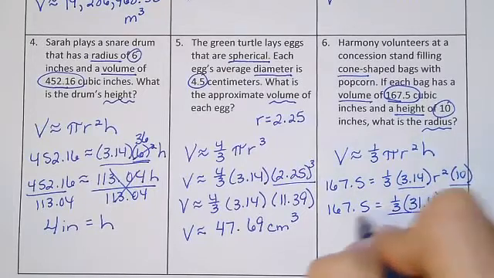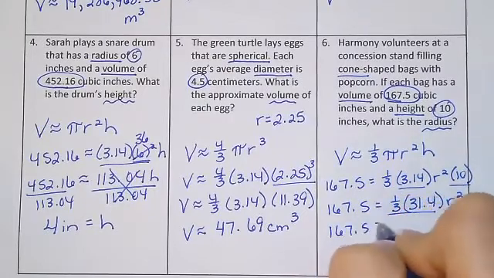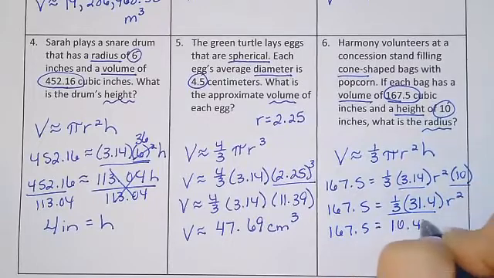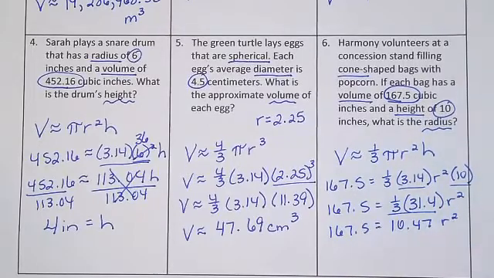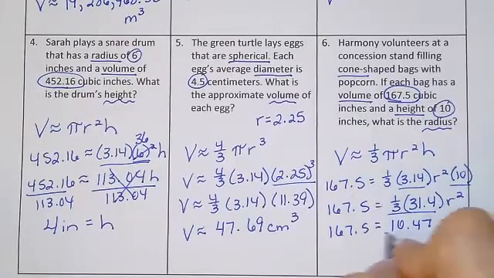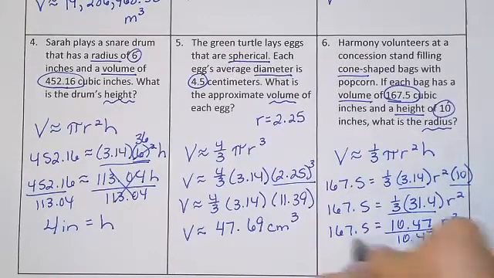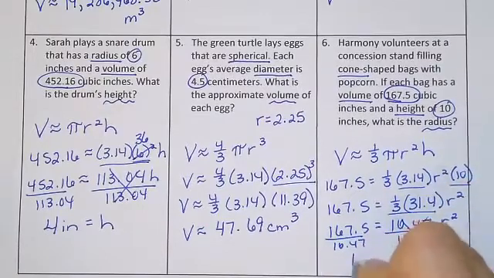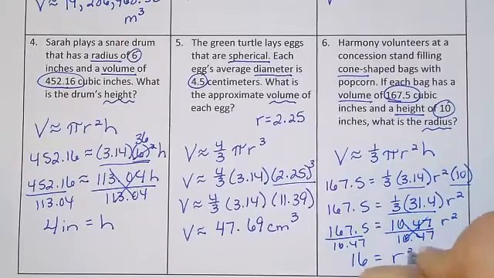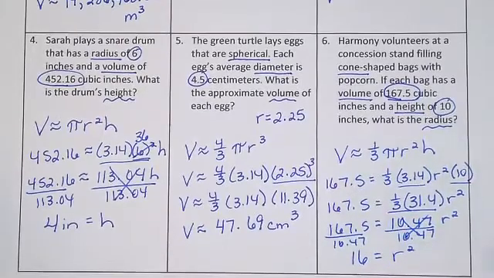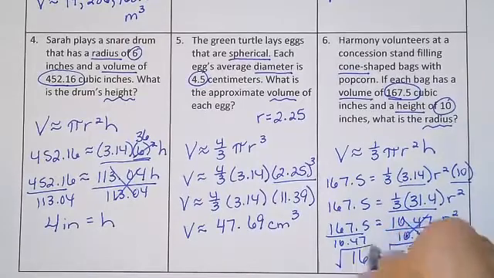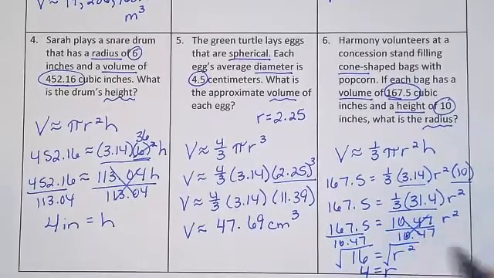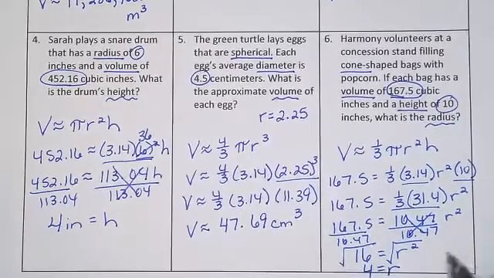Okay, so now we're going to take care of those, and we get 10.47. And we're going to divide both sides by 10.47 to get 16. Find the square root of both sides. So that means that the radius is 4 inches.